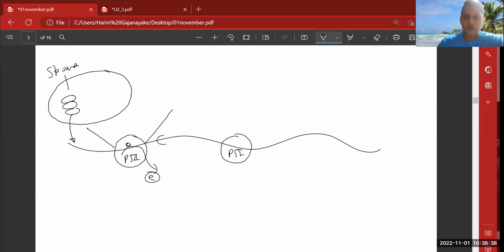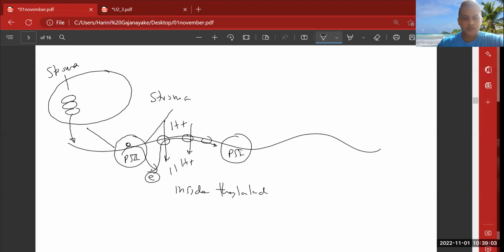These electrons move through these complexes like this. Then this energy is used to pump hydrogen ion in, because this side is the stroma, this is inside the thylakoid. Then it makes inside hydrogen ion high, outside low.